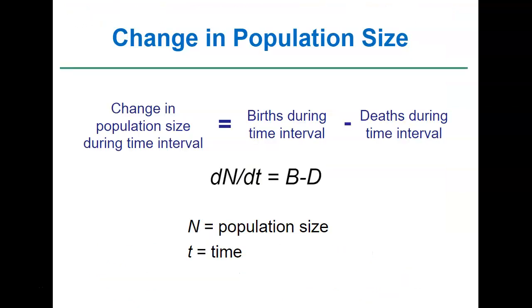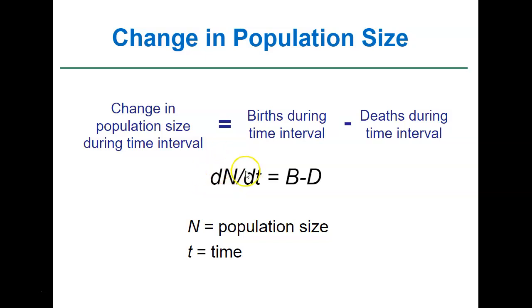Which leads us to equations. We have measures for how populations can change over time. So for calc friends, we have dN/dt, which is a very fancy way of saying the change in the population over a certain amount of time. So capital N is representative of the population size, and d is delta, or the change in.